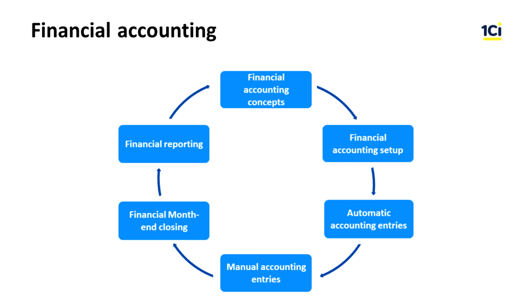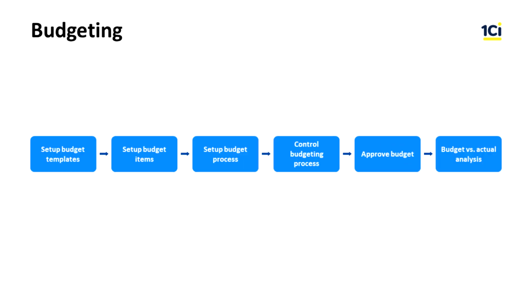You'll get acquainted with the accounting entry generation mechanism and how to enter accounting entries manually. You'll also learn the month-end closing procedure performed in the financial accounting registers. Then, we'll see how to create financial reports, taking the SBS Trading and SBS Manufacturing companies as an example.